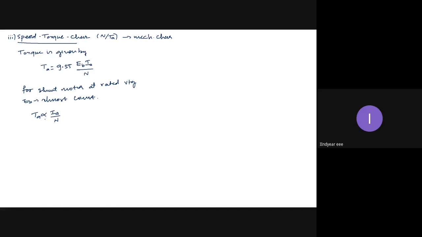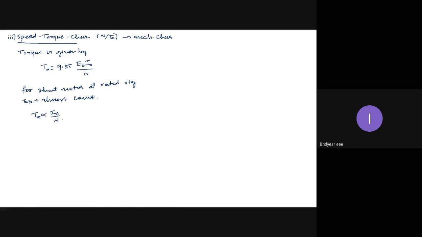Now, torque TA is directly proportional to current IA and inversely proportional to speed N. There is a linear relation between IA and TA, so as IA increases, TA increases.